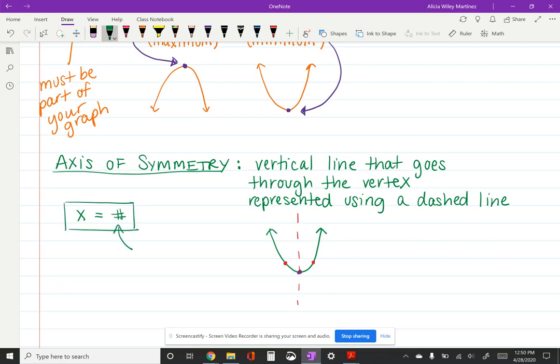This value here always ends up being the x value of the vertex.